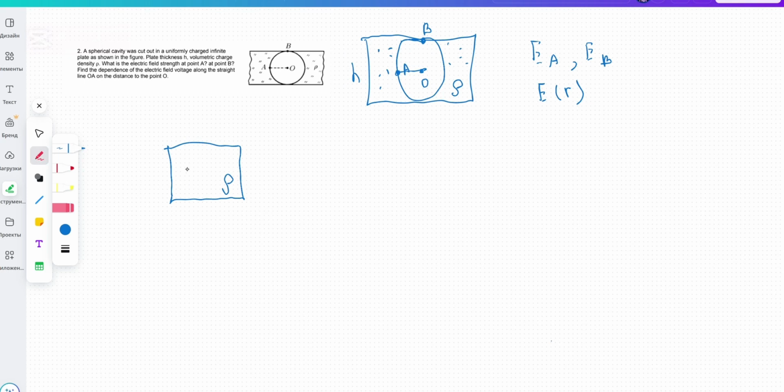We can take the original plate with charge density plus rho, and we can take a sphere with charge density minus rho.